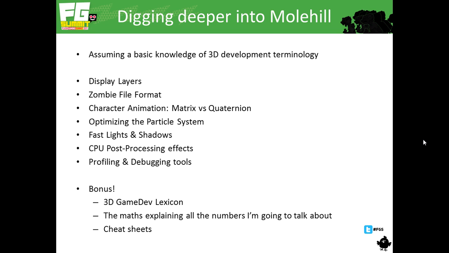Finally, I've included a couple of bonus slides on the 3D game dev lexicon. There's all the maths, since there are a lot of numbers in the slides, and all the maths are at the end to answer how we got to those numbers. And finally, there are some cheat sheets on Molehill and the Molehill API.